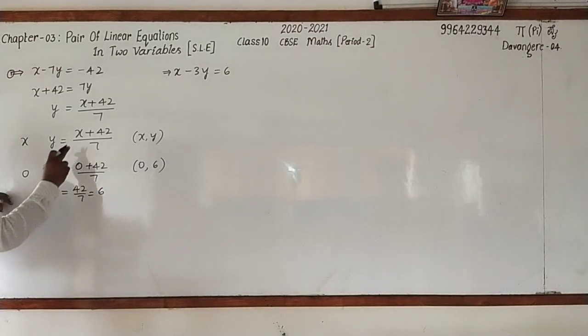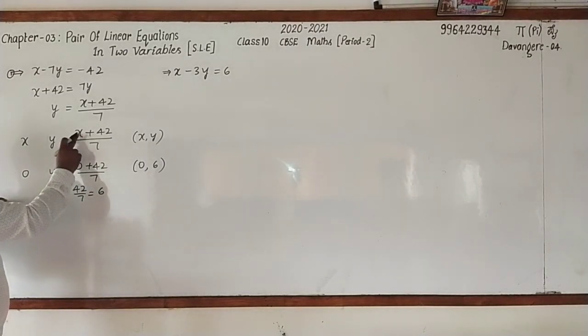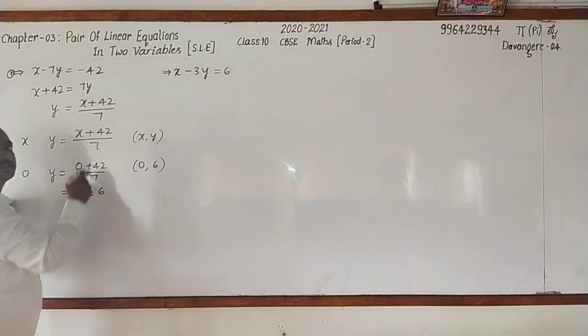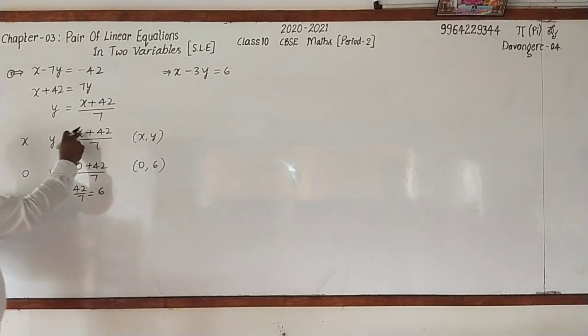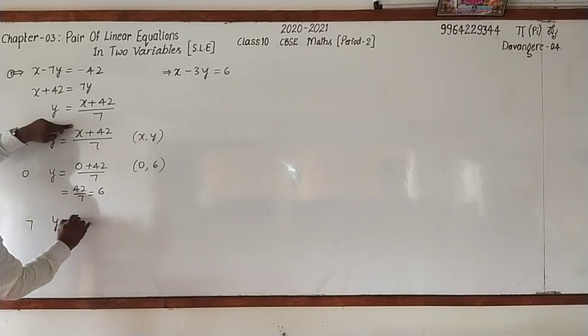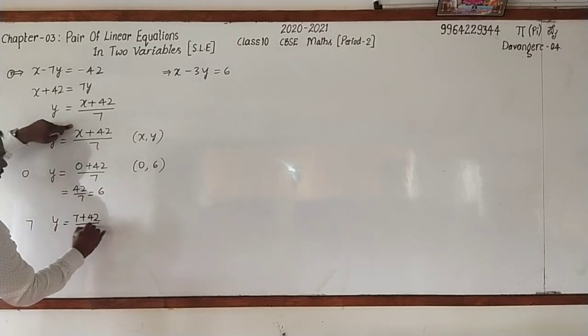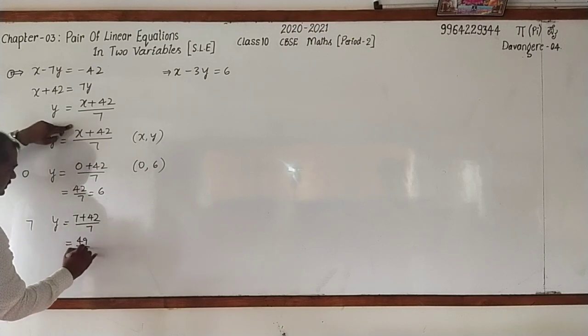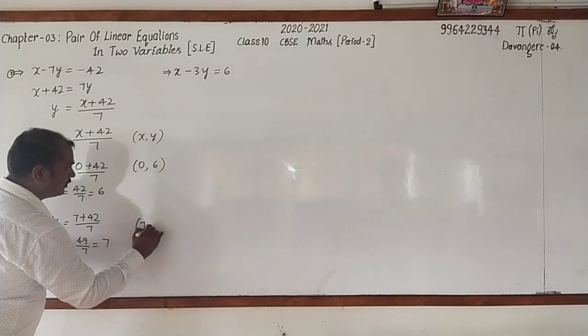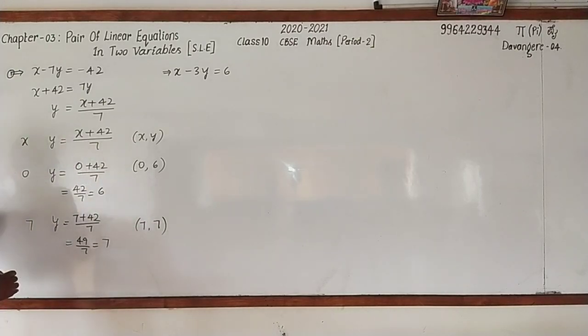Next, if you go for taking 1, it won't come. 2 won't come, 3 also, because 42 is already a multiple of 7. Hence, we have to take other numbers like 7. Then y is equal to (7 plus 42) by 7. It is 49 by 7, which is equal to 7. When x is 7, y is 7.